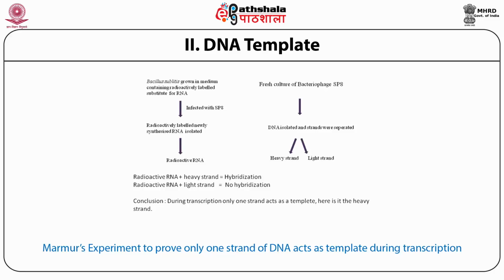Bacillus subtilis was placed in a medium containing a radioactively labeled precursor of RNA. Later, the bacteria were infected with SP8. As a result, the phage DNA was injected into the bacterial cells.